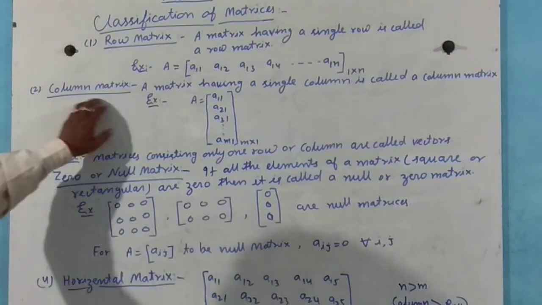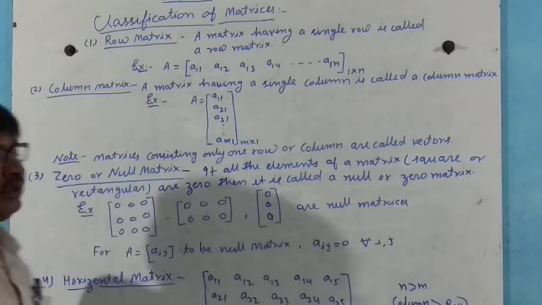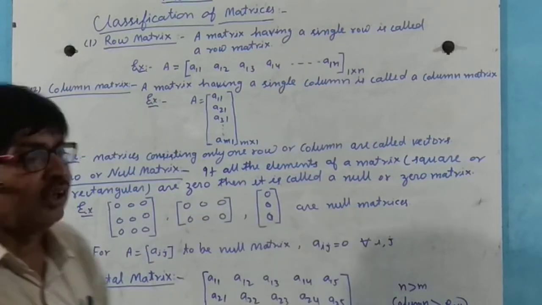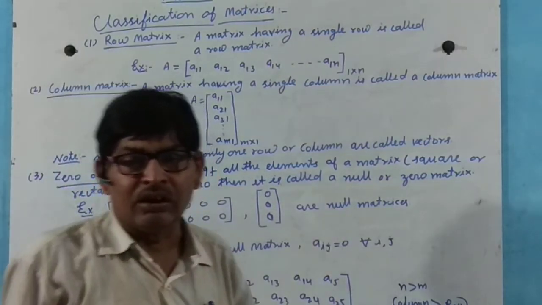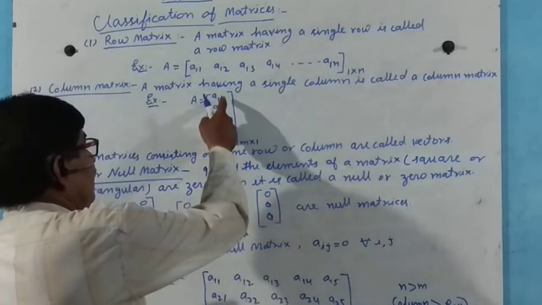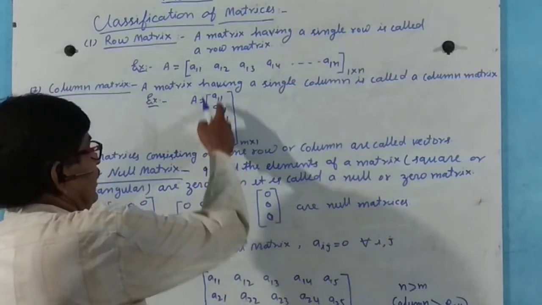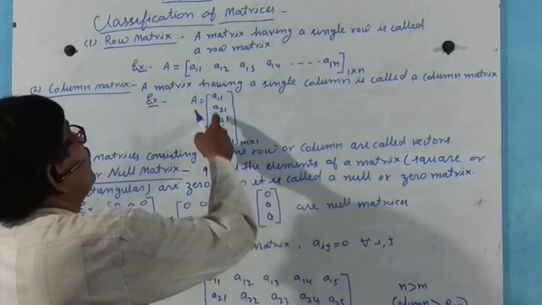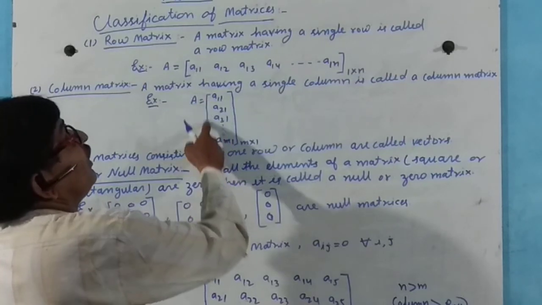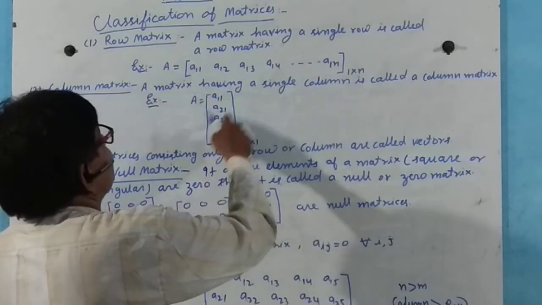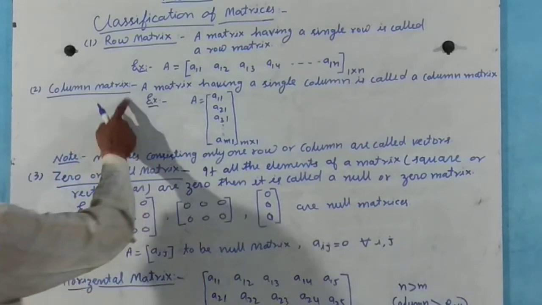And column matrix: a matrix having a single column is called the column matrix. Here there is only one column, so this matrix is called the column matrix.